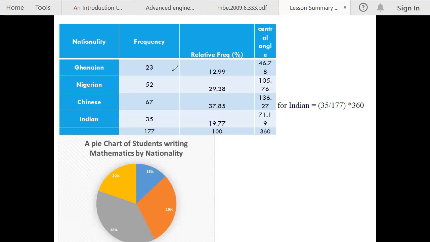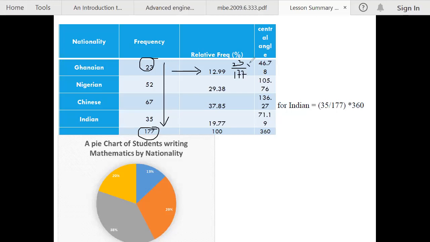So for example, to get this relative frequency, this is given by 23, which is the frequency of this class, over the total frequency. That's the summation of all the frequencies down here, which is 177. And it's usually expressed in percentage.